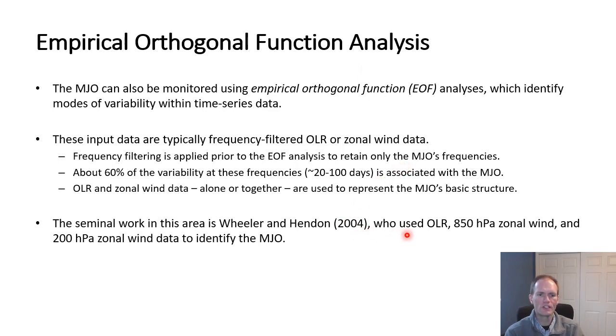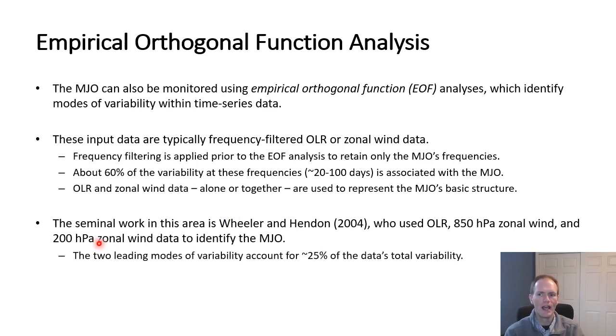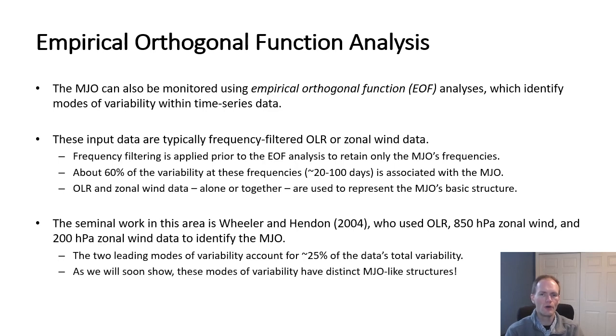And when they put those data into an empirical orthogonal function, or EOF analysis, they found that the two leading modes of variability account for 25% of the data's total variability. So they do a good job of highlighting the core structures of the Madden-Julian oscillation without getting bogged down in smaller scale, shorter period variability that also is present within the data. As we'll show in just a moment, these two leading modes of variability have distinct MJO-like structures.